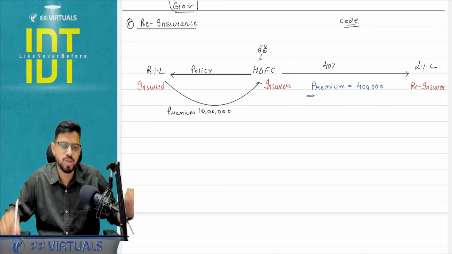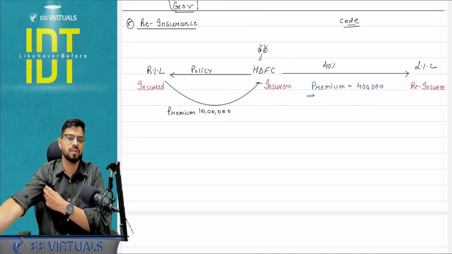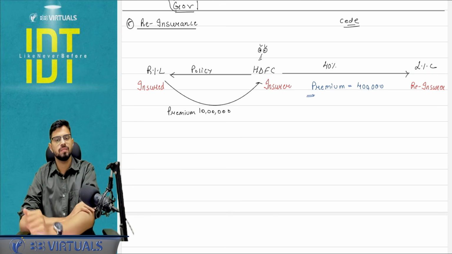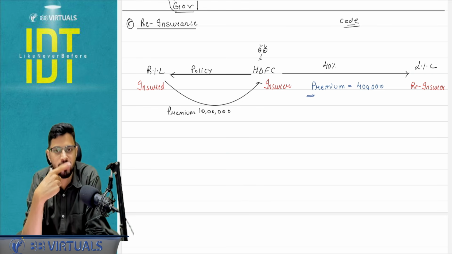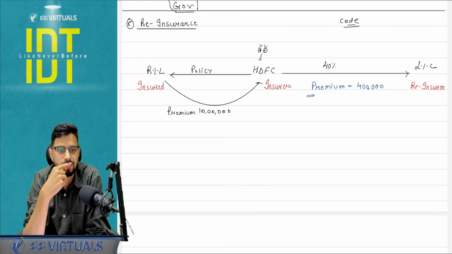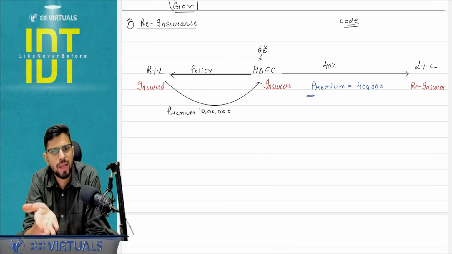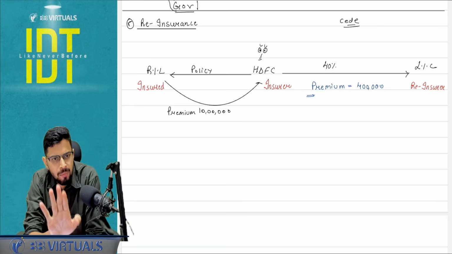Will there be a GST on 4 lakh? That is my question number 1. Tell me, apply your logic. Will the GST be applicable on 4 lakh?